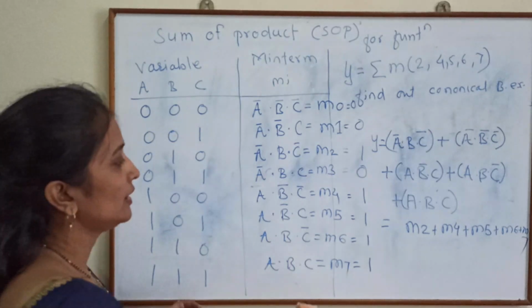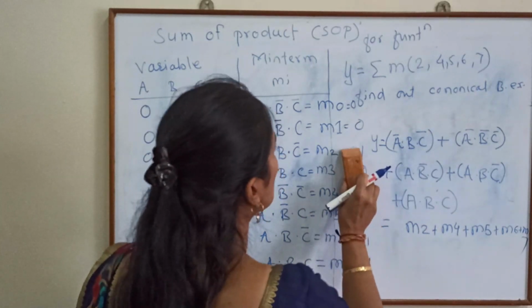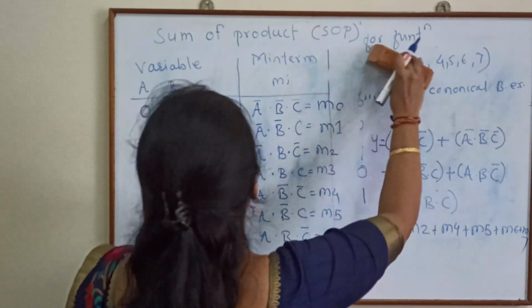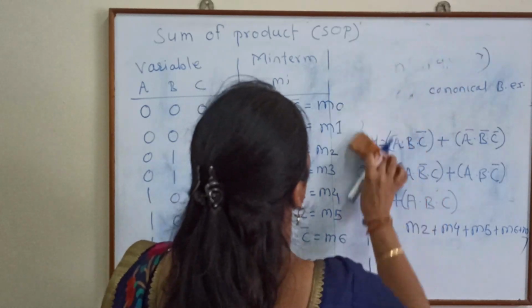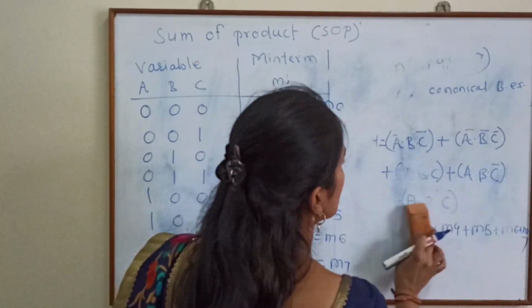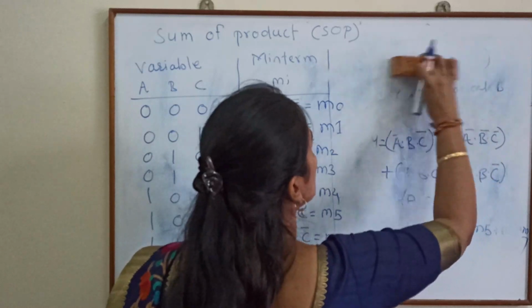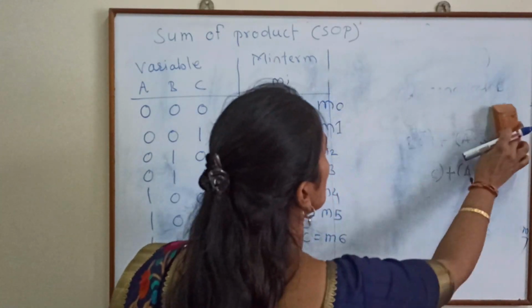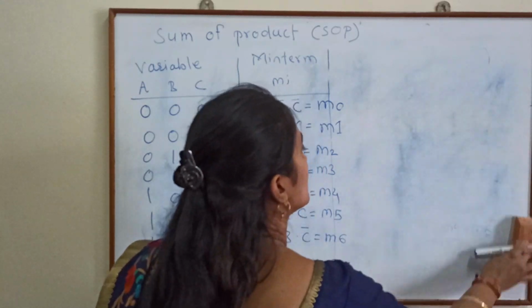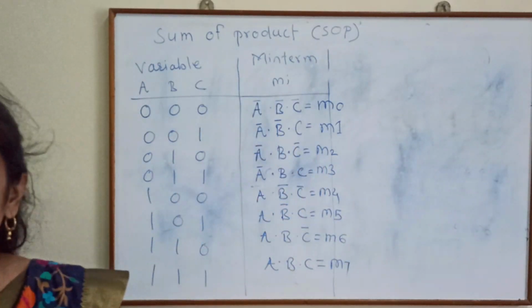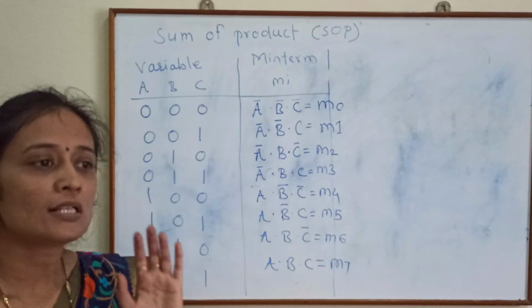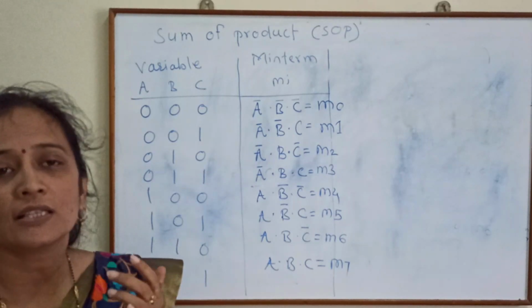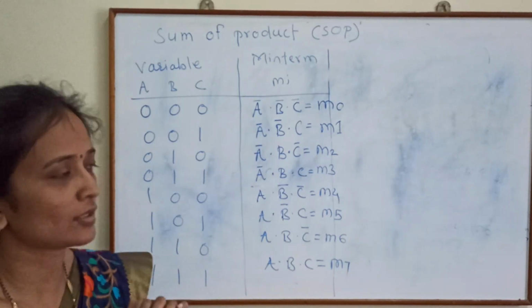A question may come in the exam: write a note on sum of product or min terms. What do you have to write? What is sum of product? Sum of product is an expression which contains the sum of terms, and each and every term is nothing but a product.